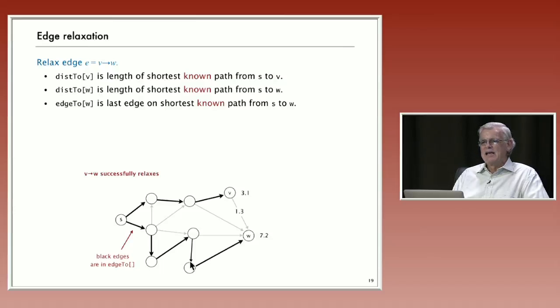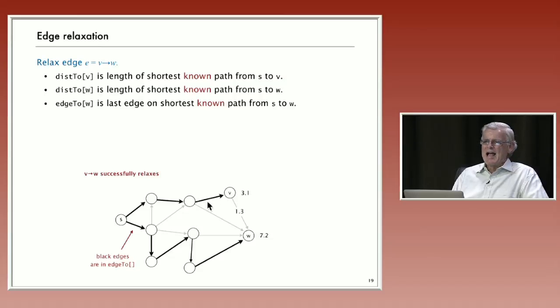So these are all the edges that are in edgeTo that we know paths from S to some vertex. So distTo[v] and distTo[w] will contain the shortest known paths. Also edgeTo[w] is the last edge on the shortest known path from S to w. The same with edgeTo[v], of course.